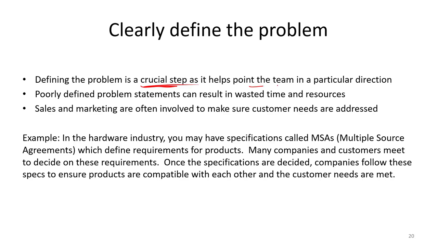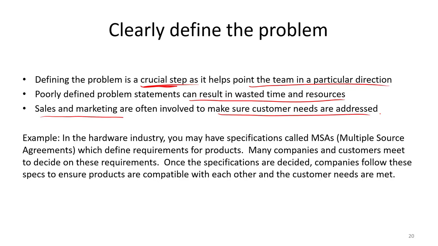It points the team in a particular direction. If you have a poorly defined problem statement, it can result in wasted time and resources. So often at the beginning of the process, sales and marketing teams might be involved. That's because we want to make sure that our solution meets the needs of our customer.